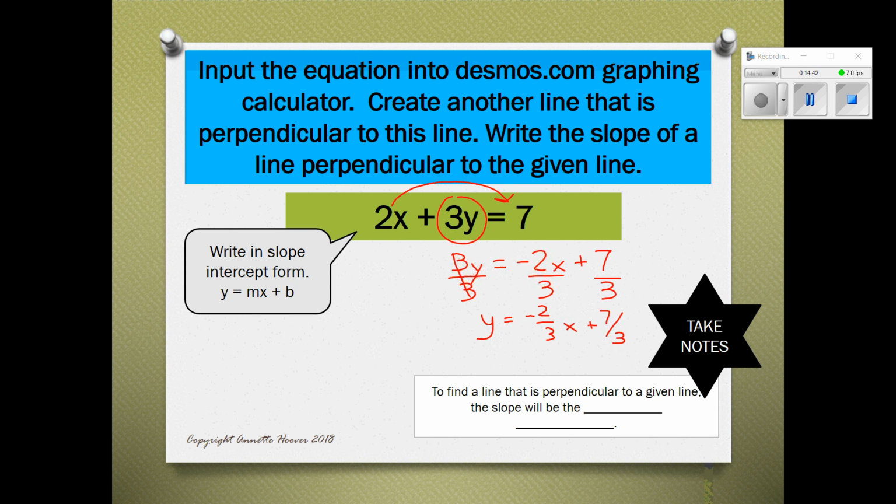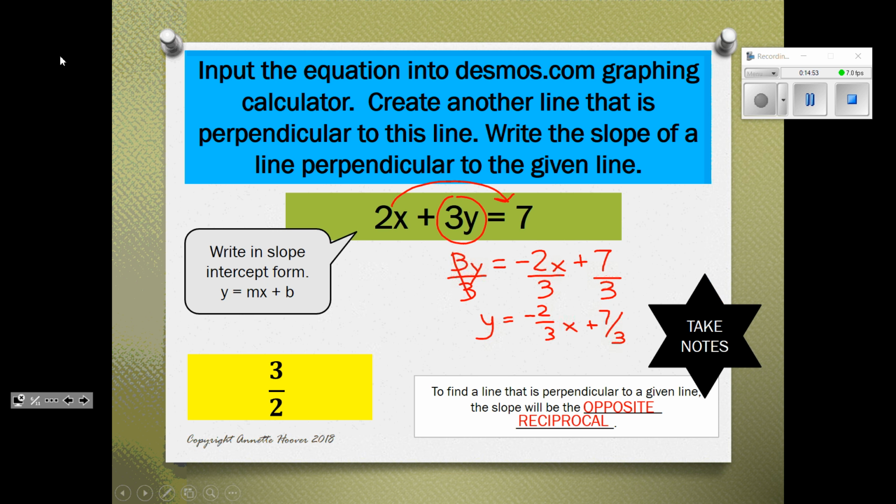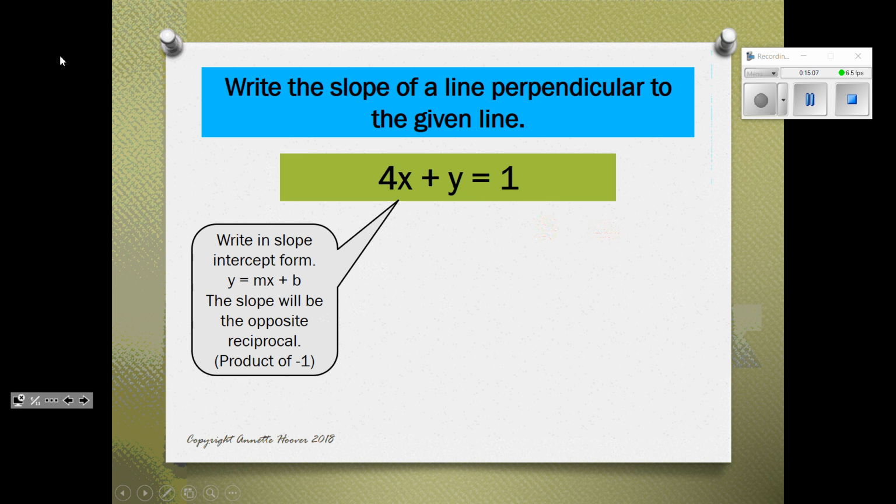So let's look back here. To find a line that is perpendicular to a given line, the slope will be called the opposite reciprocal. You find the slope, then if it's negative, it becomes positive. If it's positive, it becomes negative, and you flip it. That's what the opposite reciprocal means. And from that, we will have a perpendicular line.